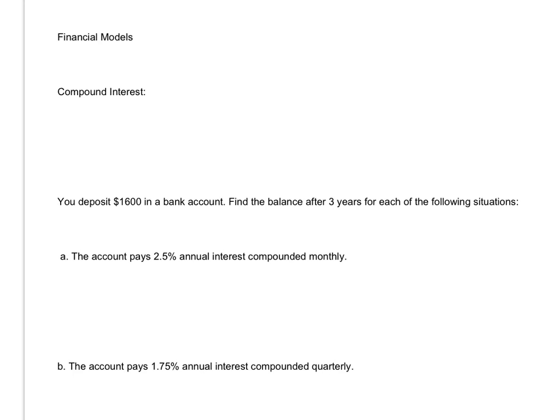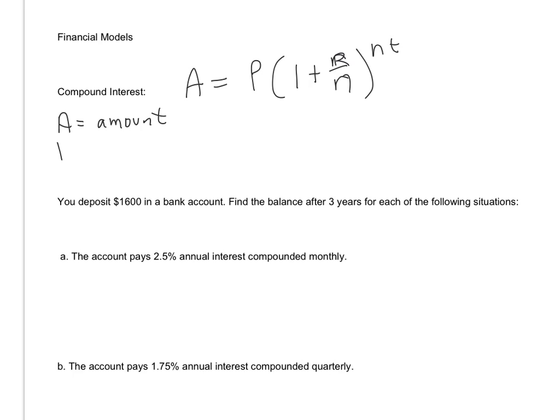So compound interest has a really cool formula, and the formula to find compound interest is this. A equals P times (1 plus r over n) to the power nt. Okay? Now what do all these mean? A is the amount that's currently in your account.